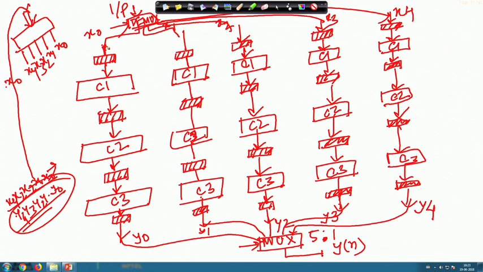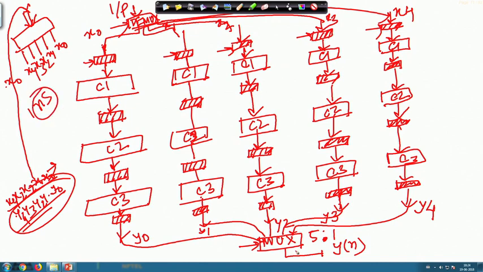Now the clock period, the sampling speed of the input sample or the output sample, whenever I need to produce this, will be 1 nanosecond.